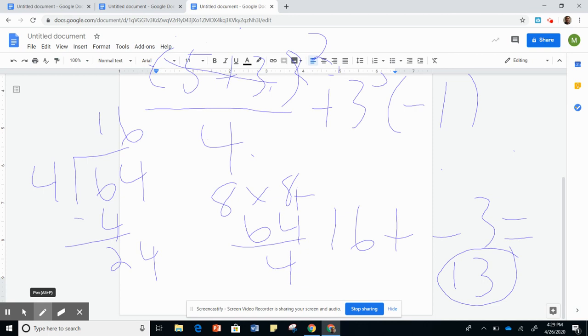We did the exponent, 8 times 8, 64. We divided 64 divided by 4, which gave us 16. And then we added, but we didn't add the 16 to the second block yet. We multiplied the 3 times a negative 1, which gave us a negative 3. Then we added the 16 from our left chunk to the negative 3, which was our right chunk.